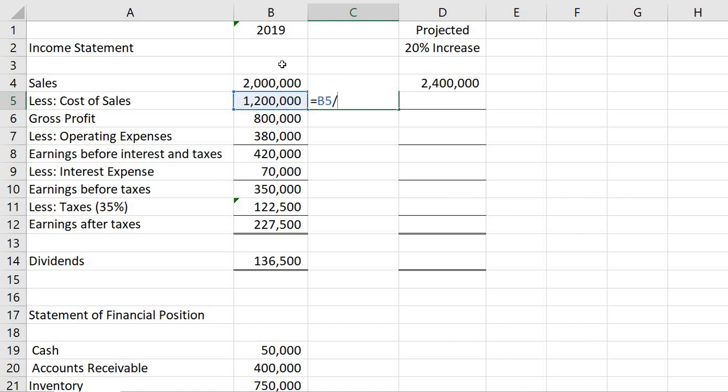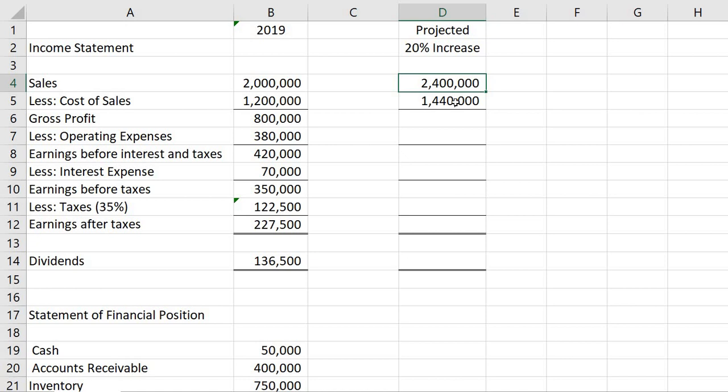You divide it by your current sales, which is 2 million, and after that, you multiply it by your projected sales, so you'll have 2.4 million. With that, what we compute is 1,440,000. So, given 2.4 million sales next year, your related cost of sales would be 1,440,000.